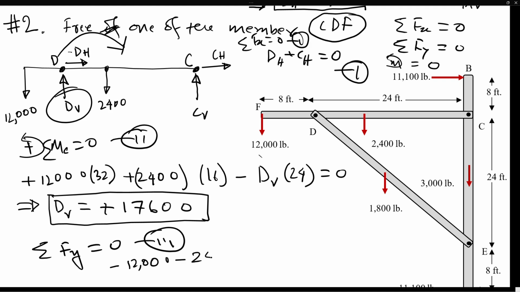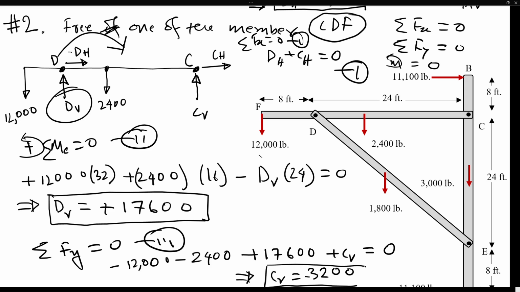The 2400, the boom weight acting downwards, is negative as well, plus this reaction at D is acting upward, which is positive, plus the CV, everything summed to 0. So then CV, I calculated, is minus 3,200 pound, but it is negative.